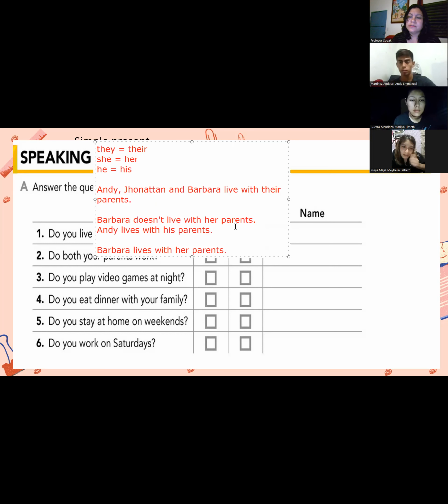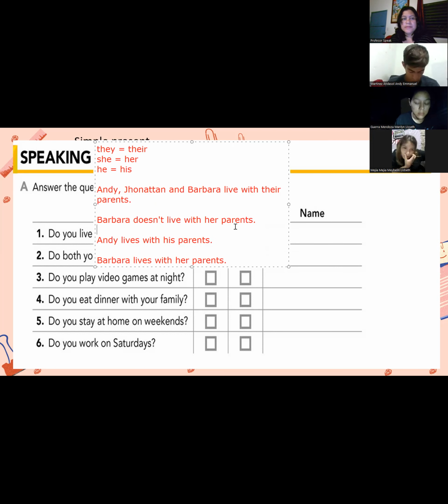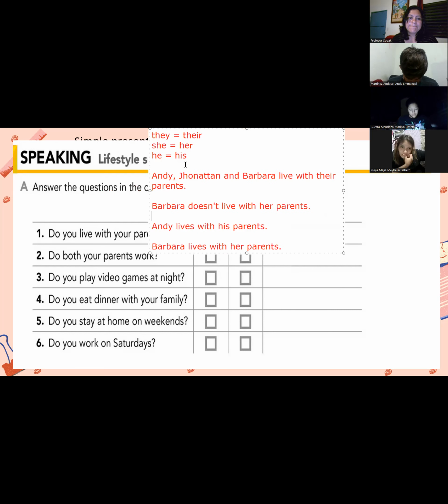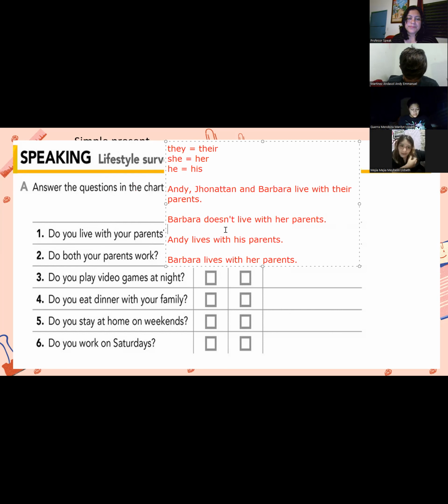Sí, es que nosotros en la number 2 tuvimos bastante problema, porque habla sobre los padres. Entonces, la respuesta negativa para esa, si fueran los tres no: imagine that it is Andy, Jonathan, and Barbara.